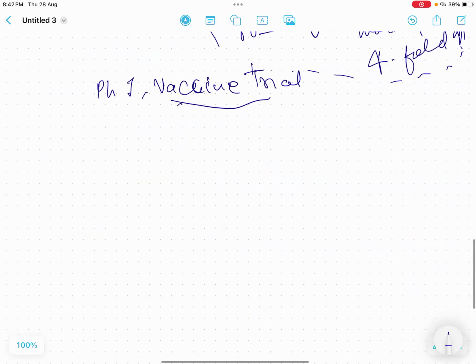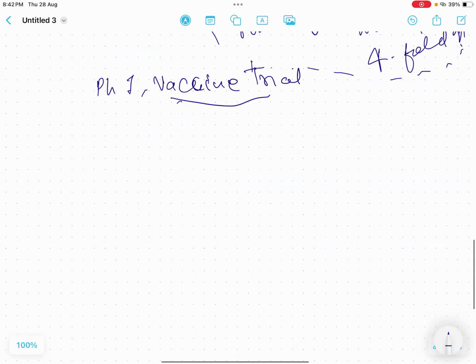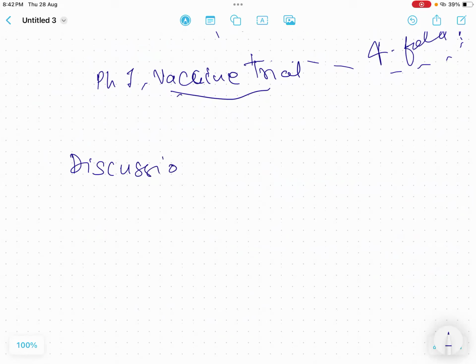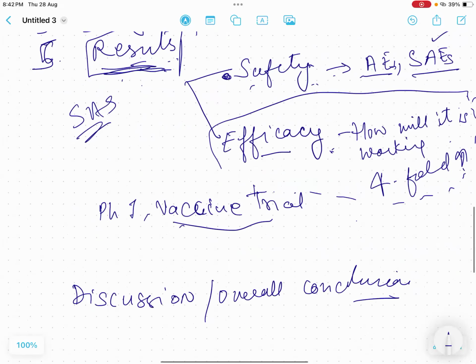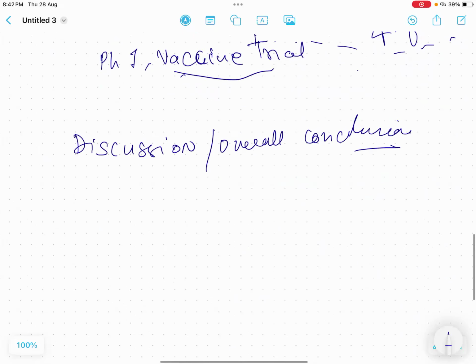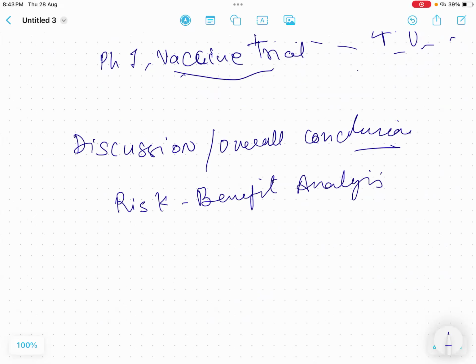Next will be discussion. Overall conclusions based on these results. Here they will also be doing the risk benefit analysis based on your safety and efficacy profile.